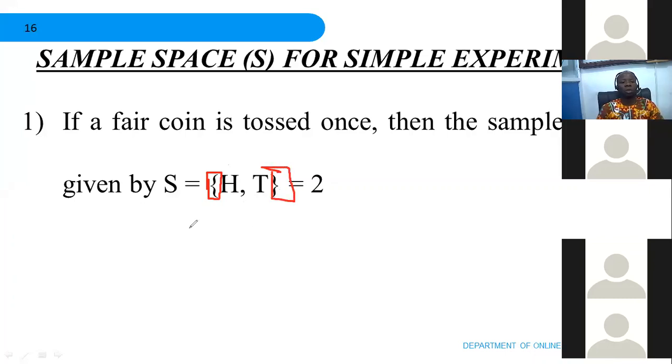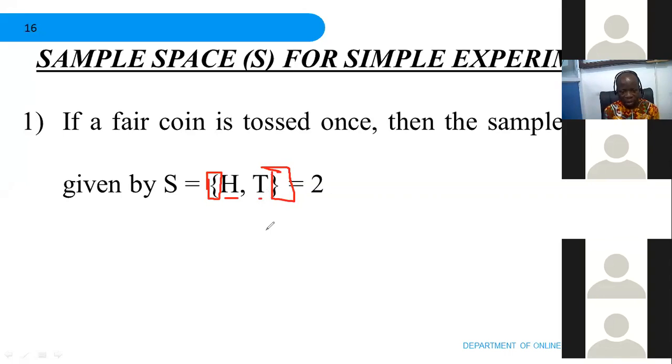Now, the sample space is given by S equal to, like we said earlier, the H there is the event that head will show. The T here tells you the tail, that is the other side. If the first side is the head, the second side will give us the tail.